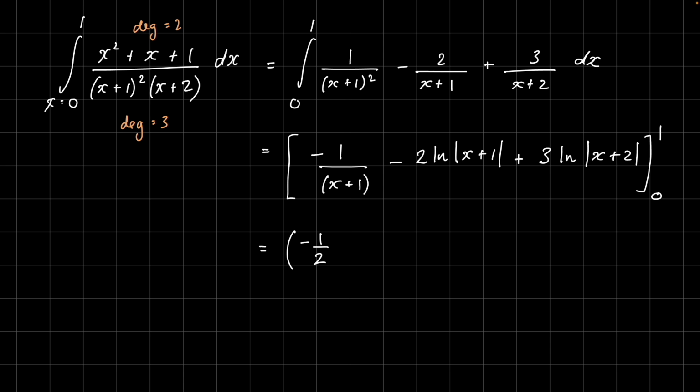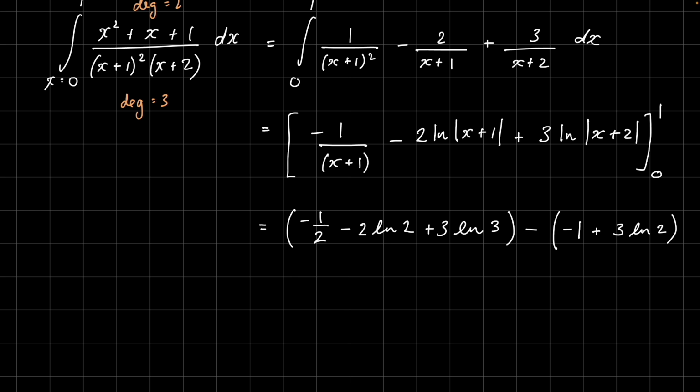Okay, that's x plus 1, negative 1 over 2, minus 2 log 2, plus 3 log 3, because the absolute values can go away because we know those numbers are positive, minus, now we're going to put zeros in, negative 1, yep, that's right, minus 2 log 1, that's just 0, plus 3 log 2.